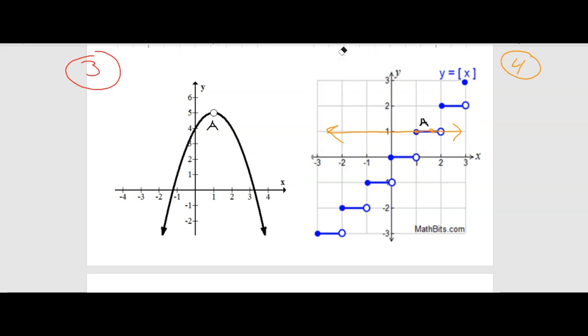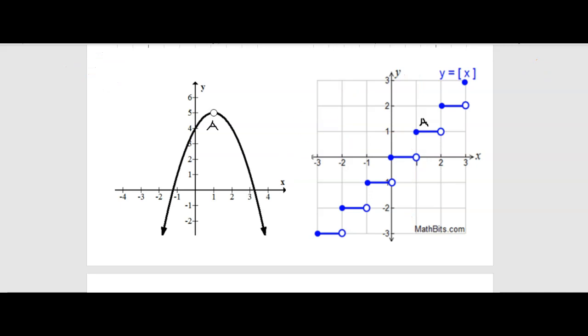Because as I take a point closer and closer to point A from the left, my secant line is going to look more and more vertical, where my secant line as I approach from the right is going to stay horizontal. So again, the limits of the slopes of the secant lines are not the same as we approach from the left and the right, so we are unable to have a tangent line at point A.